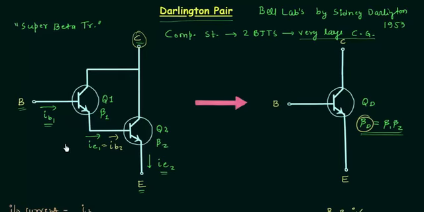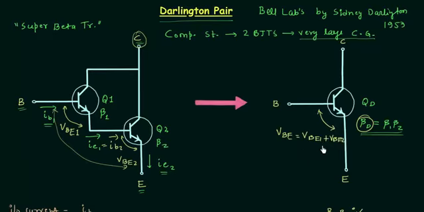The next point is related to base emitter voltage. The base emitter voltage of the first transistor is, let's say, VBE1. The base emitter voltage of the second transistor is VBE2. Therefore, the overall base emitter voltage VBE of the Darlington pair is equal to VBE1 plus VBE2.